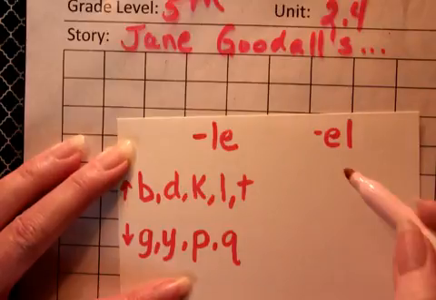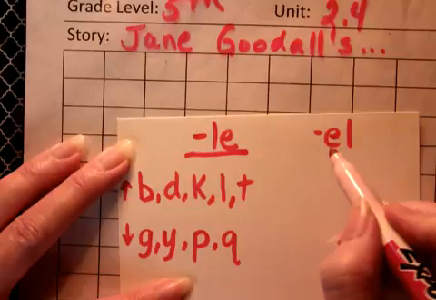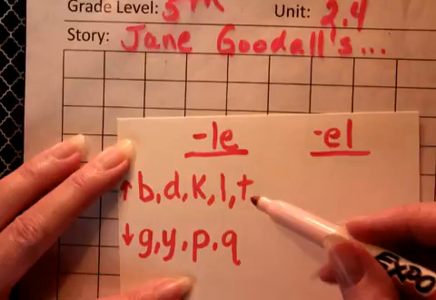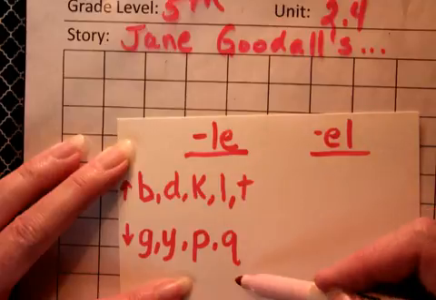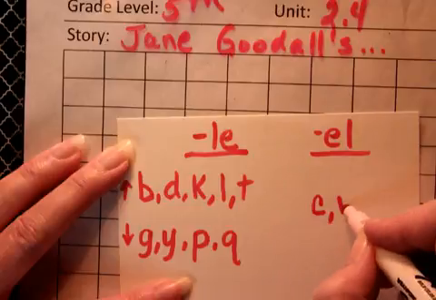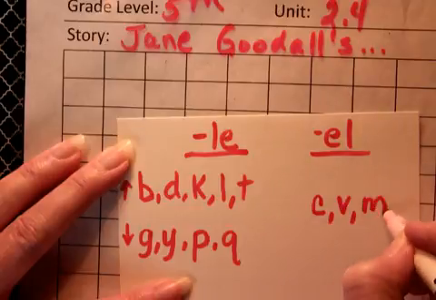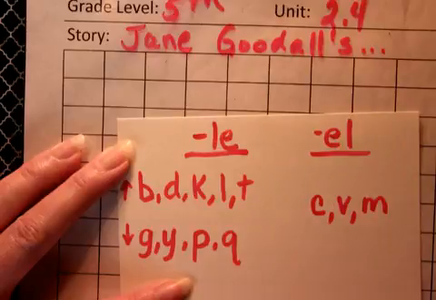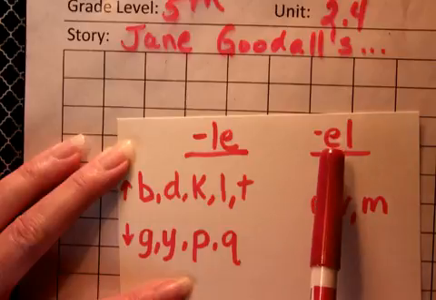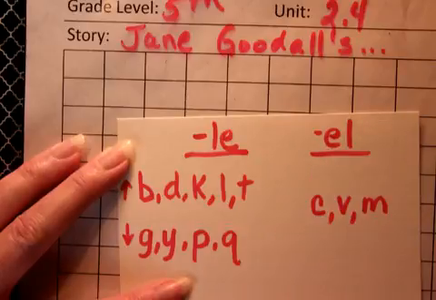If you have letters that are not tall and that are not under the writing line, such as a C, a V, an M, letters that do not go under the writing line and do not go up to the top, then you're going to use the EL spelling of O.